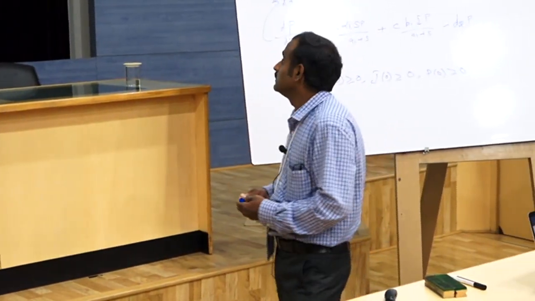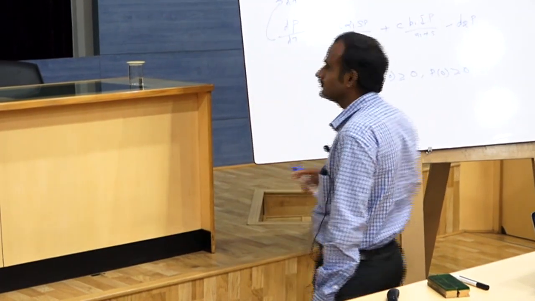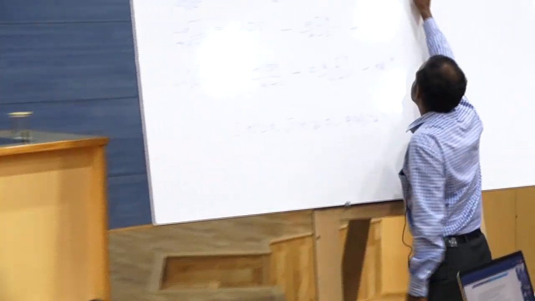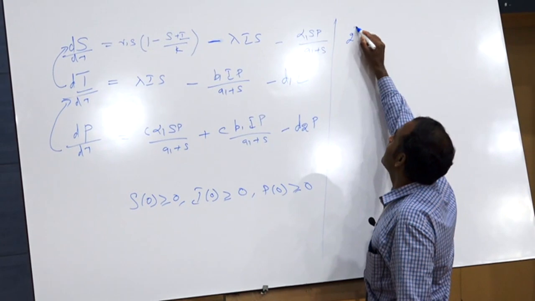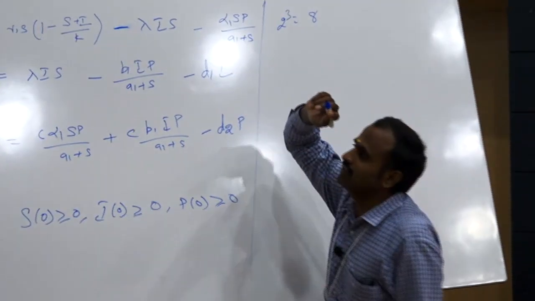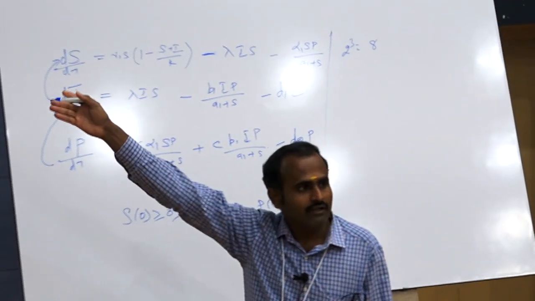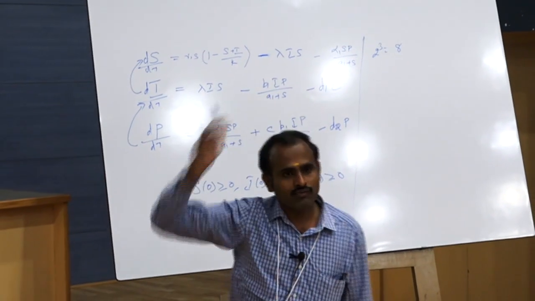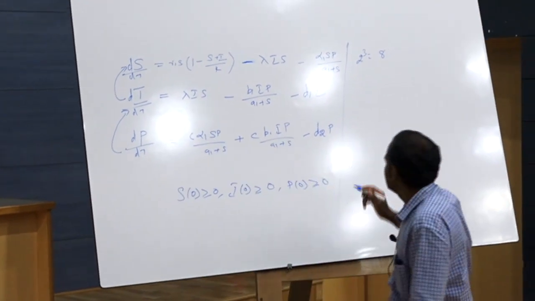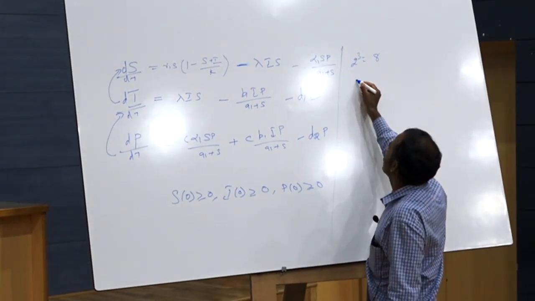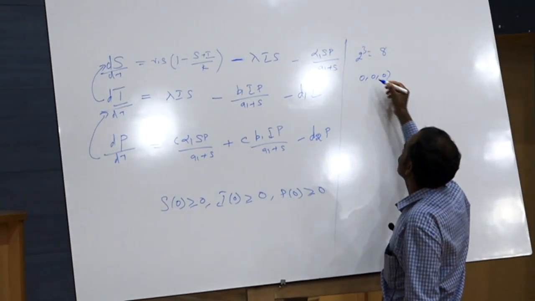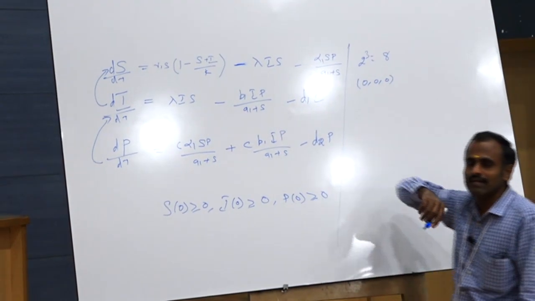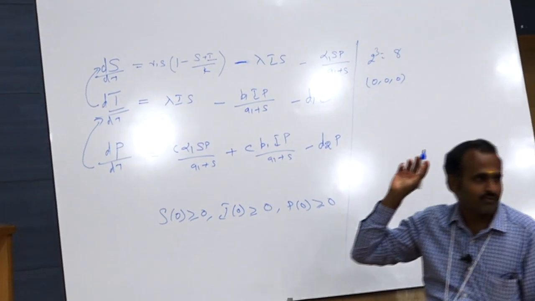We have a system of 3 equations, so we have 2 power 3 equilibrium points, totally 8 equilibrium points in our system. Clear? So first one is the trivial equilibrium point, that is 0, 0, 0. It exists for all systems.